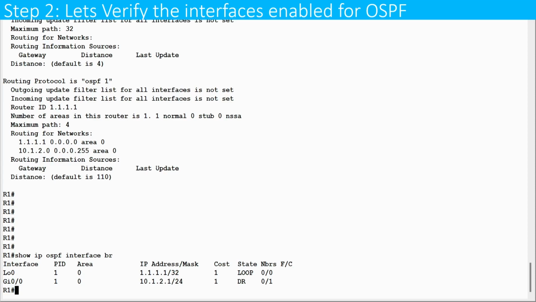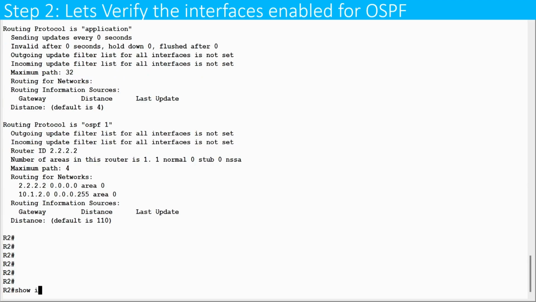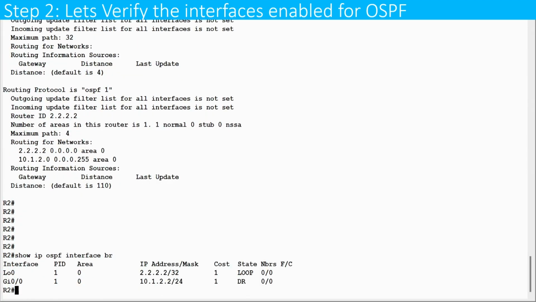Now let's go to router R2 and verify which of its interfaces are enabled for OSPF. As you can see, on router R2, loopback 0 interface is enabled for OSPF area 0, and gigabit Ethernet 0/0 interface is enabled for area 0 as well.